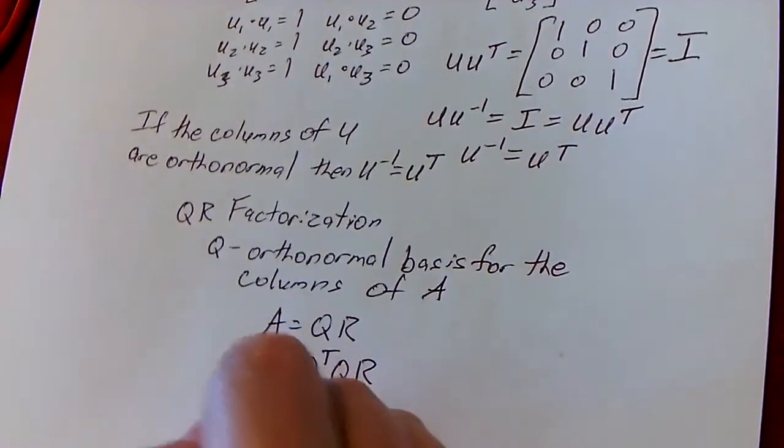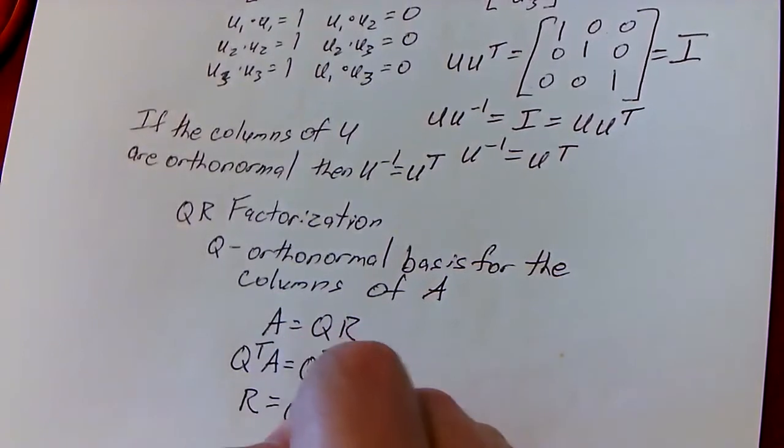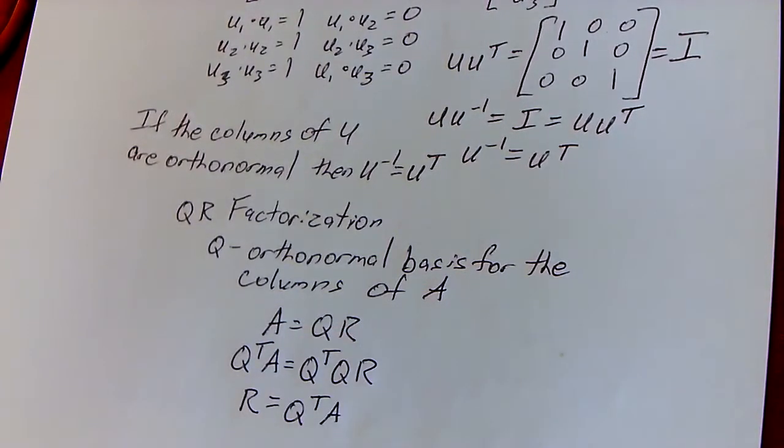So I can find R then by doing Q transpose times A. And then I will have matrix A factored into two matrices, Q and R. Q, which will be orthonormal, which gives us some nice properties, and R, which will actually be upper triangular, or just triangular, I should say. Most times upper, it doesn't have to be upper, okay? So that's what the Gram-Schmidt process is really useful for, okay?